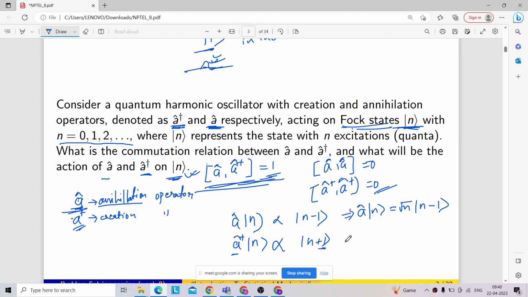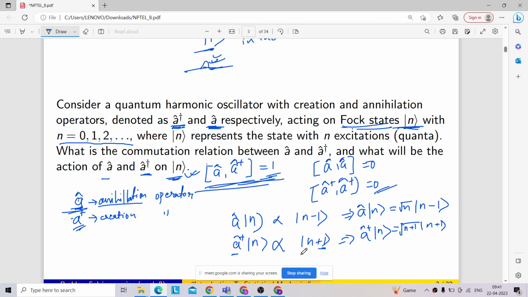Similarly, when the creation operator operates on a state, it creates a particle, so n becomes n plus 1. And the factor also depends on the initial number of quanta, so it will be root n plus 1, right?